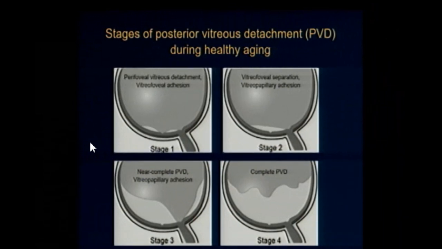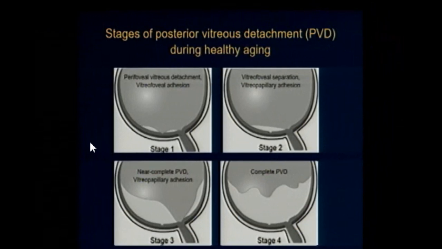And then it will detach itself at one point from the fovea, because the fovea has less adhesion than the optic nerve, right? And so basically, at this point, you have just the perifoveal vitreous detachment, okay? And then the vitreous is detached from the fovea, so you get a vitreofoveal separation, but it's still attached to the optic nerve.